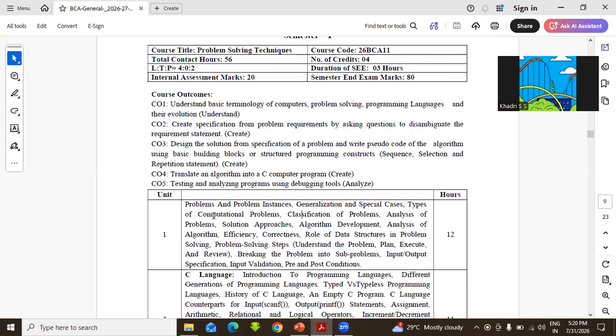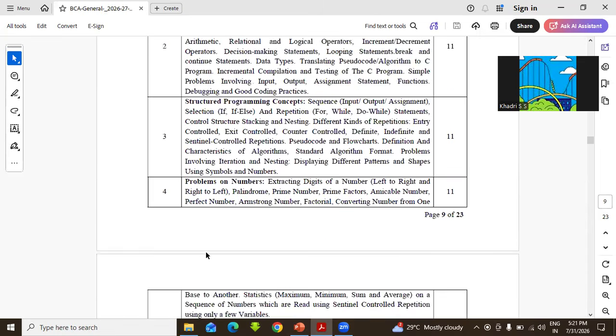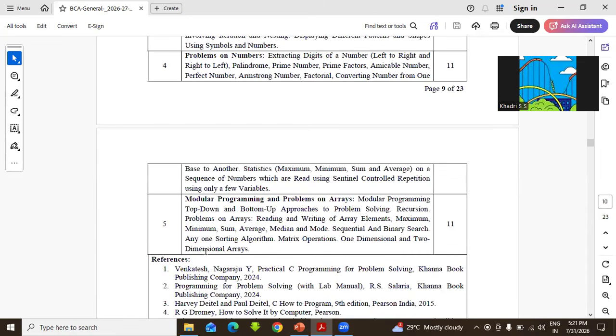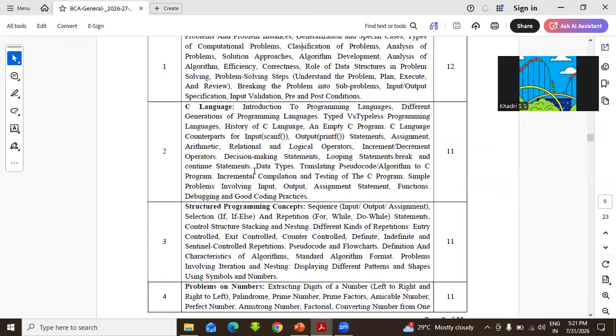In this, you need to learn unit 1, unit 2, unit 3, 4 and 5. The total number of units here is 5. Out of this, first, we need to learn about problem solving techniques. And in the second unit, we need to learn about the C programming language.